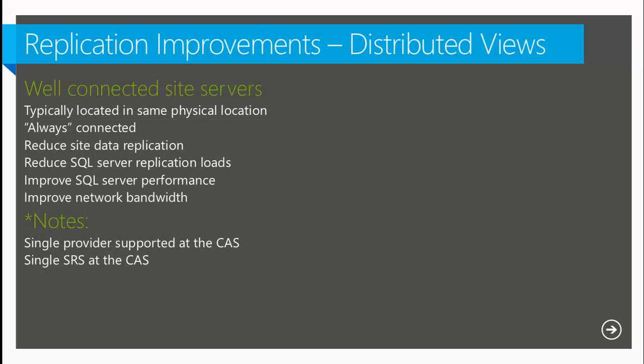I see a hand here. You may not know that you can or want to, and some of you may not need to because you have a standalone primary site. But specifically, what distributed views does is, for certain types of content, you can turn off database replication so that your database is not spinning around sending data across the network.